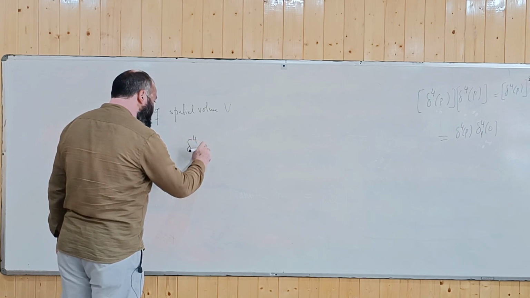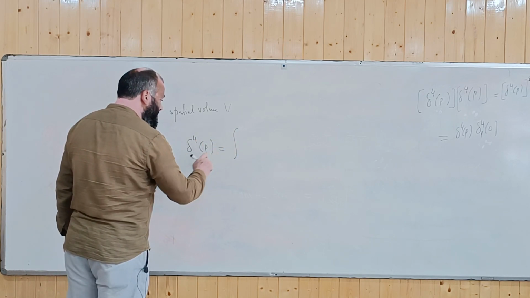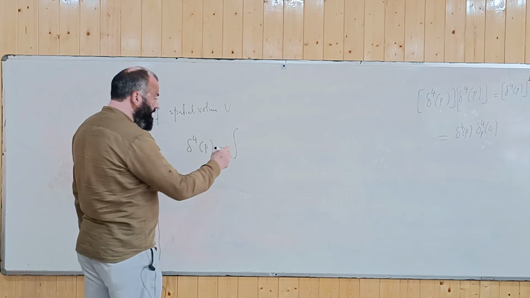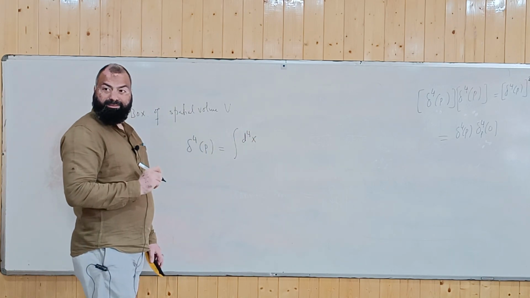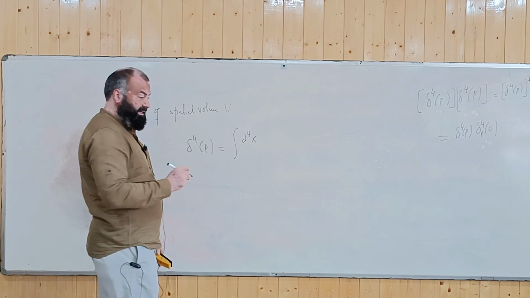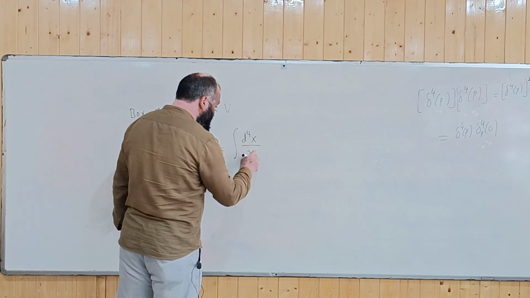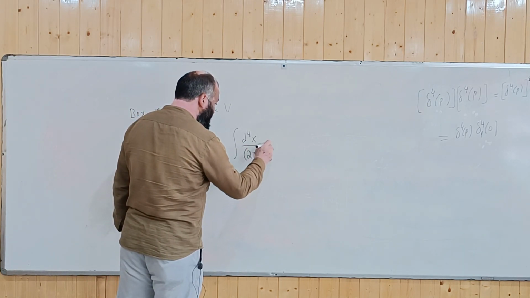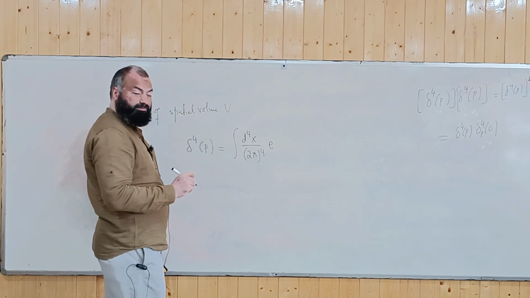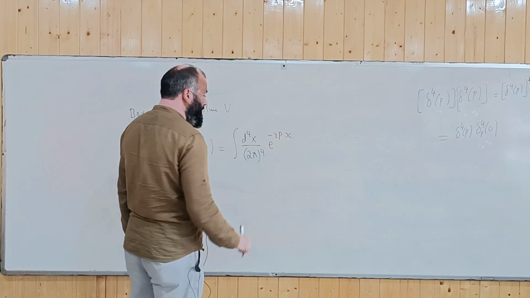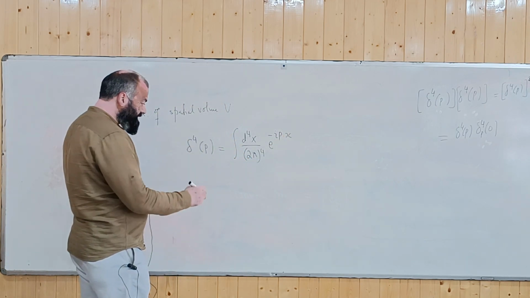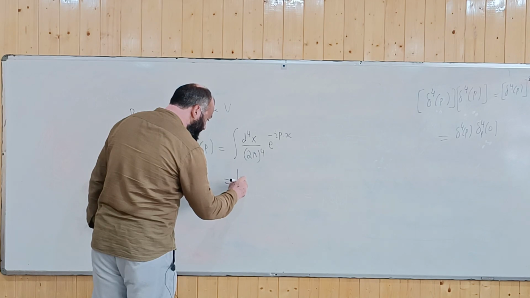Let's write this delta 4 of p. It is actually a 4-dimensional delta function, so I need to integrate over the 4-volume, d4x. Clear? And what will be in the denominator? 2 pi raised to 4, with e raised to minus i p dot x. These are 4-dimensional variables. So I can write this in this fashion.